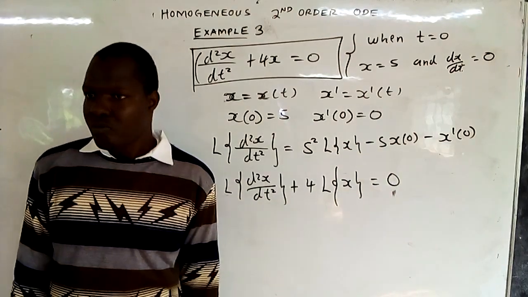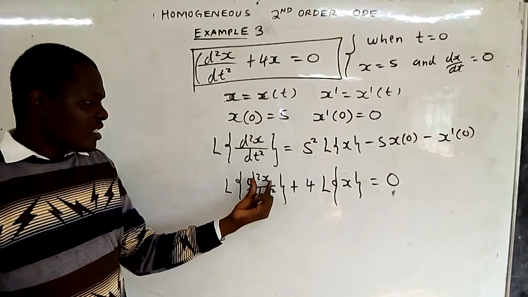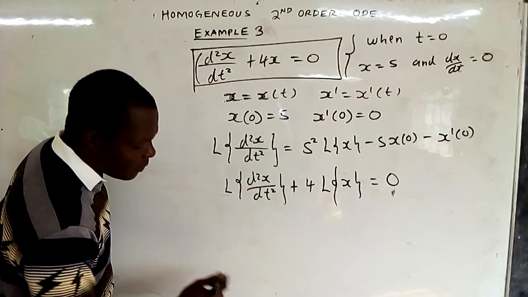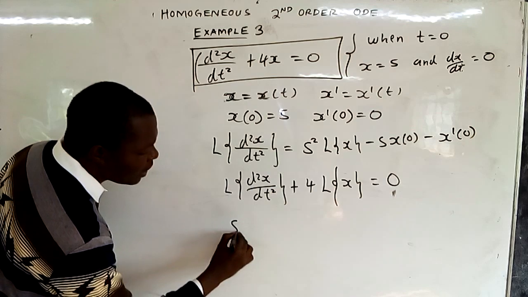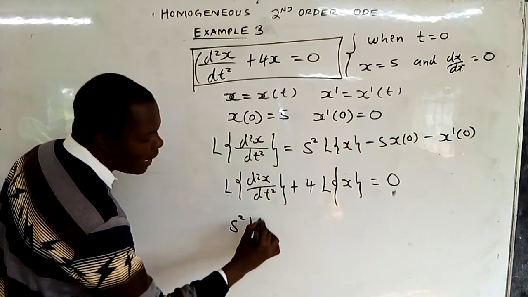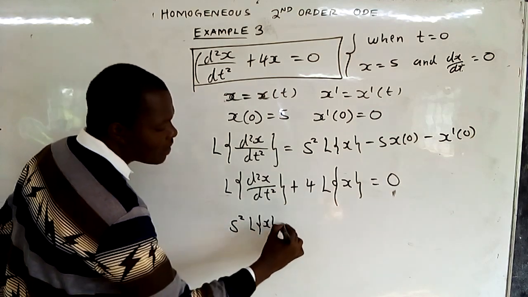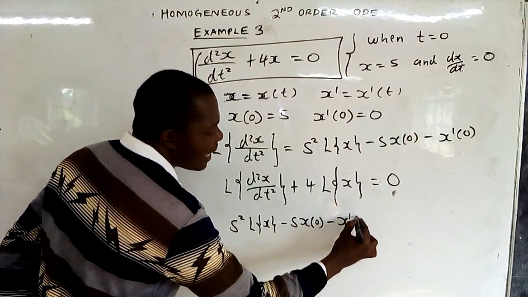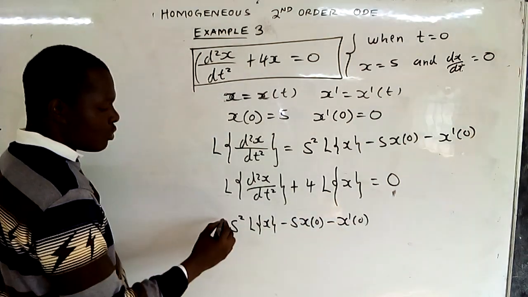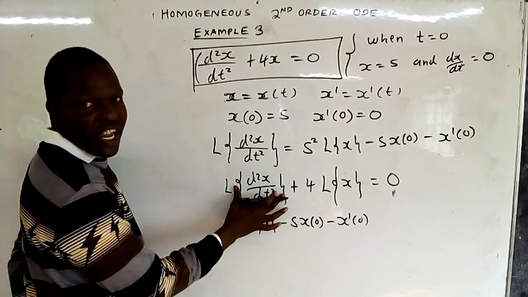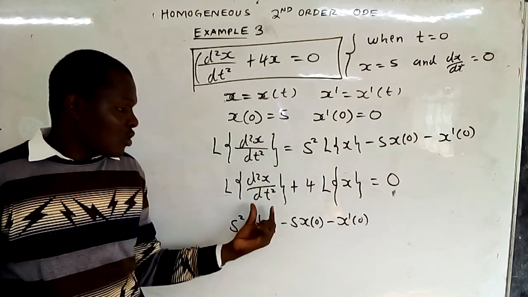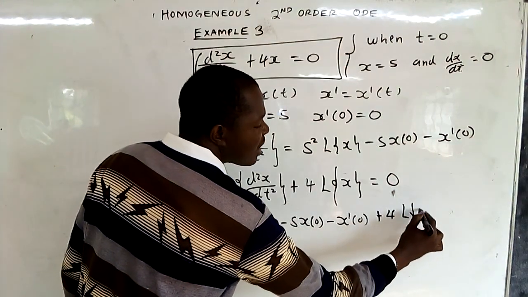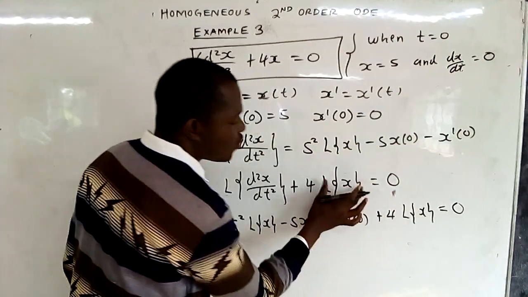From integration by parts, the Laplace transform of d squared x over dt squared we found to be s squared Laplace transform of x minus s x of 0 minus x prime of 0. So the whole of that is the Laplace transform of d squared x over dt squared, plus 4 Laplace transform of x equals 0.